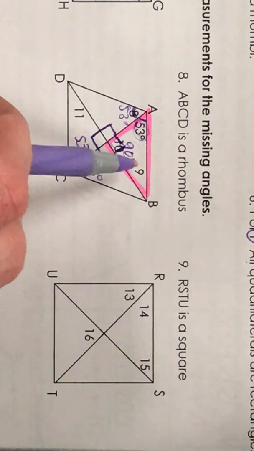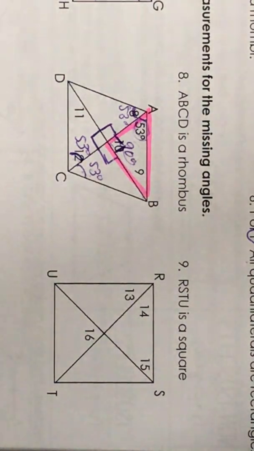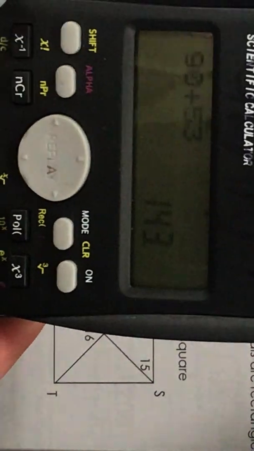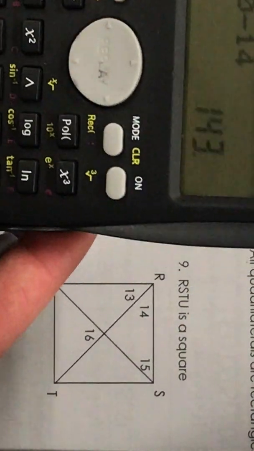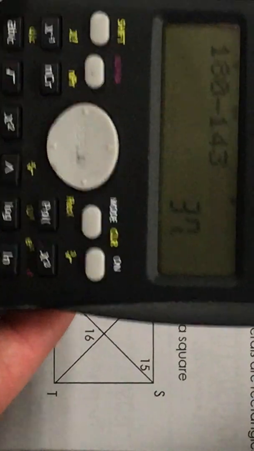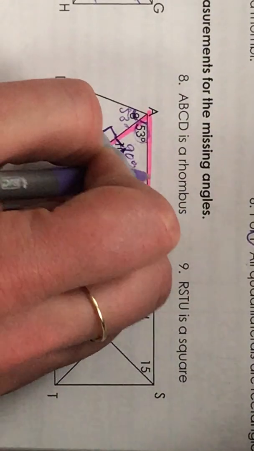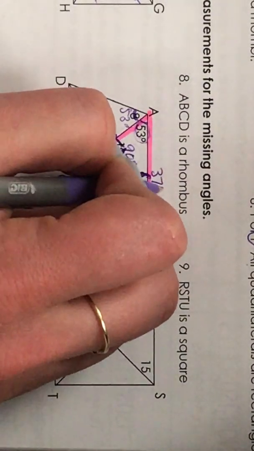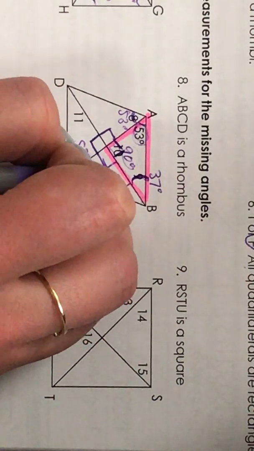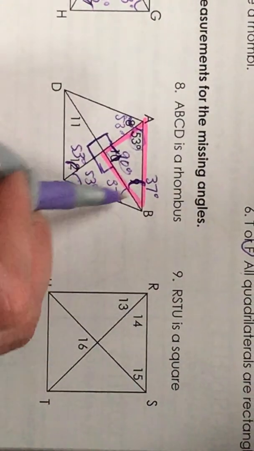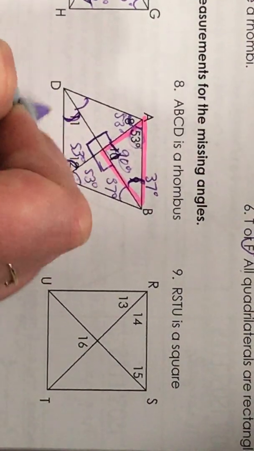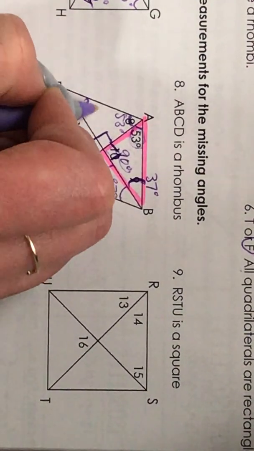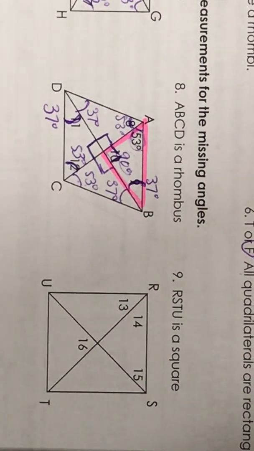And I have 143 degrees in this pink triangle so far. I need to know what I'm missing to get to 180, right? 180 minus 143 is 37. Angle 9 is 37. The other side of angle 9 is 37. And both of the pieces across this rhombus, including angle 11, are both 37.